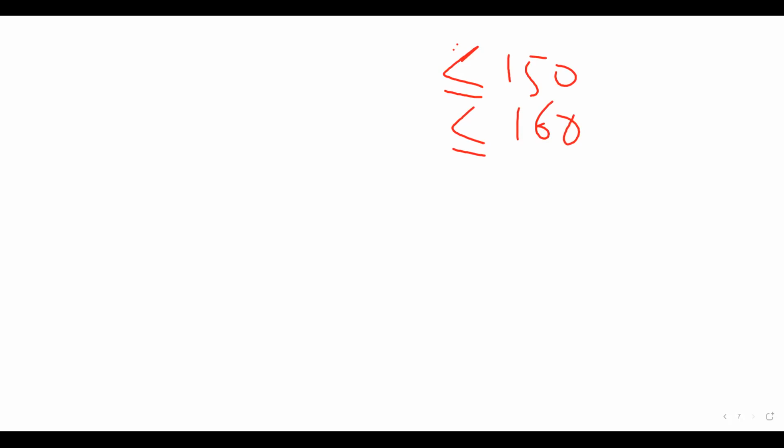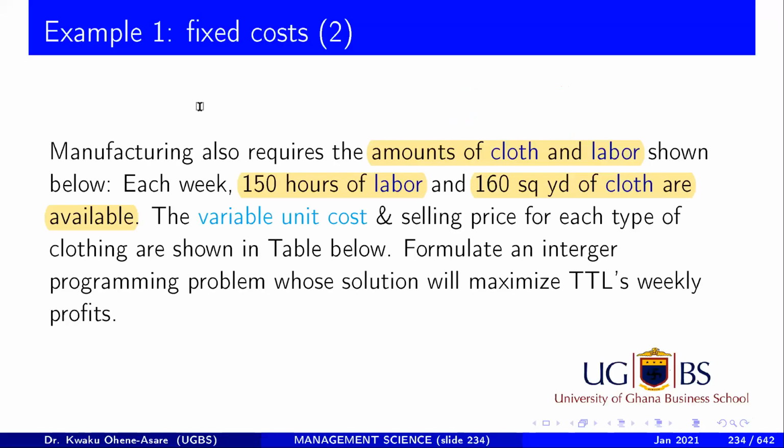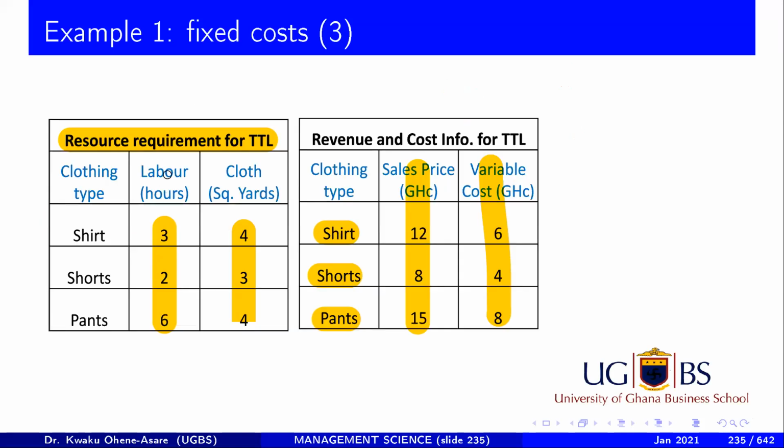Now the story says, and you can normally get this, look at it, they are right there under the resource requirement. Labor is 3, 2, 6, and then the cloth is 4, 3, 4. And each one of them will have the respective variables, x1, x2, x3.